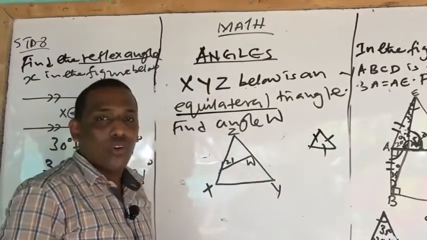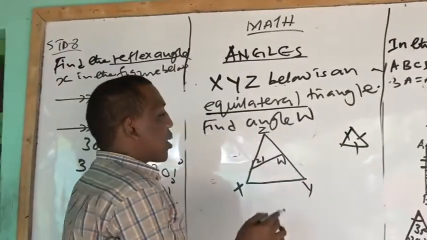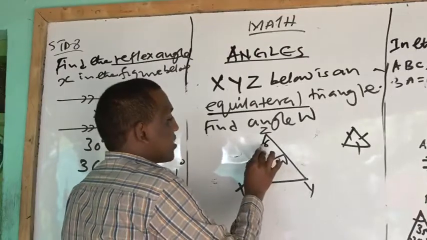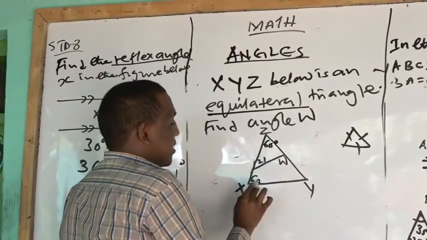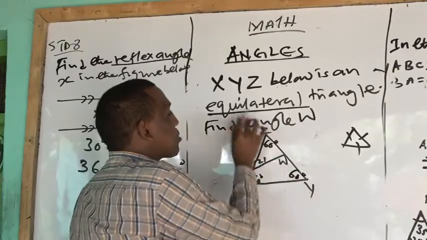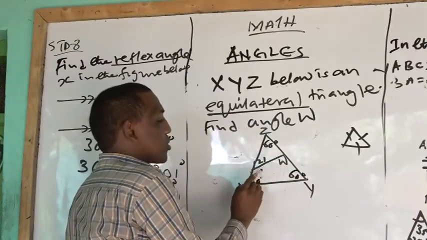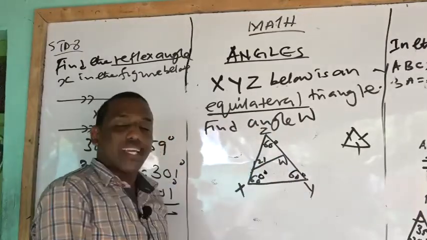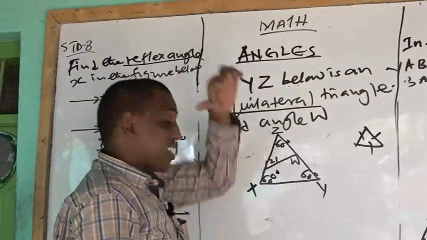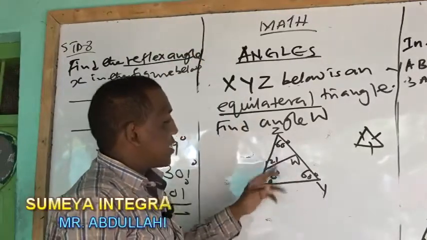All angles are equal, all sides are equal. So here it's 60 degrees, 60 degrees, 60 degrees. That's what they are testing, whether you know the characteristics of equilateral. So 60, 60, 60 now.